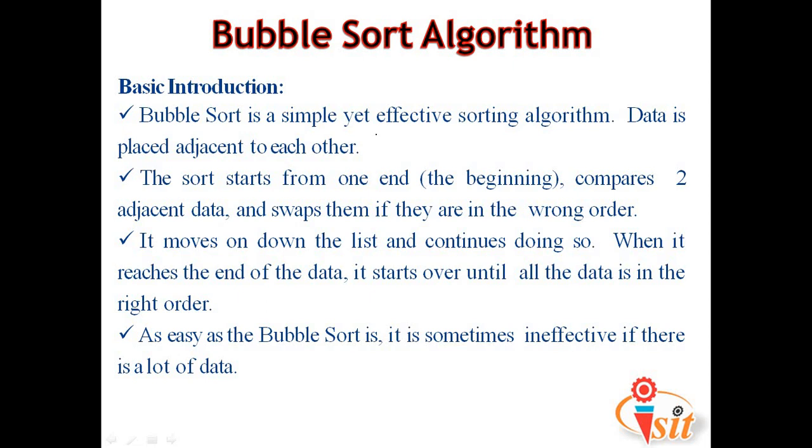If the given array has to be sorted in ascending order, then bubble sort will start by comparing the first element of the array with the second element. If the first element is greater than the second element, it will swap both elements and then move on to compare the second and the third element, and so on.